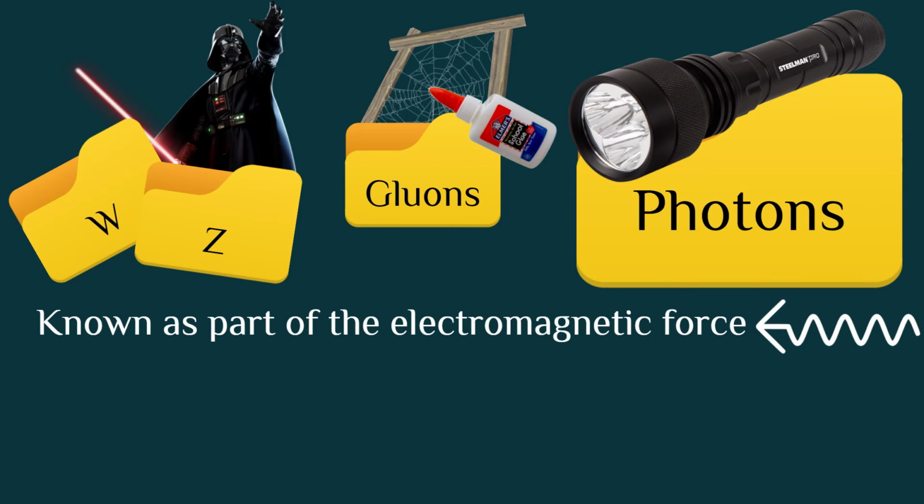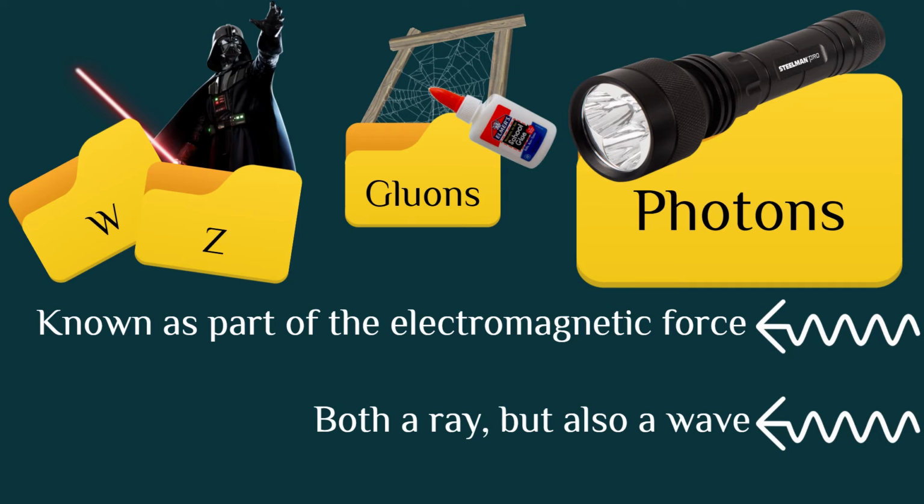Photons, as we know, are kind of like these light-emitting particles, and they're known as part of the electromagnetic force. That's why they are considered bosons, because they are like force-carrying particles. Also, they are both a ray and also a wave, and that's why they are signified by this symbol, because it starts as a wave and ends with a ray.